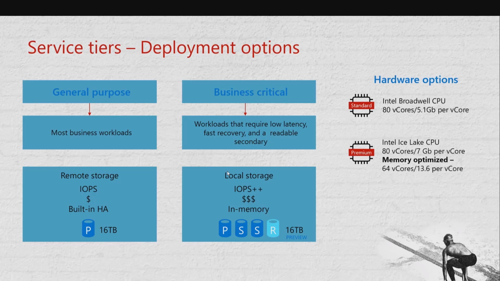In public preview, the premium series memory optimized, which contains a whopping 13.6 gigabytes of RAM per vCore, and you can have the flexibility of choosing the service tier and the amount of memory that suits your workload the best.